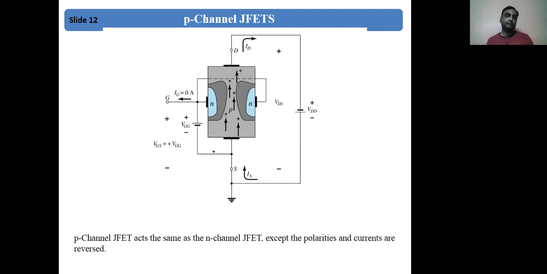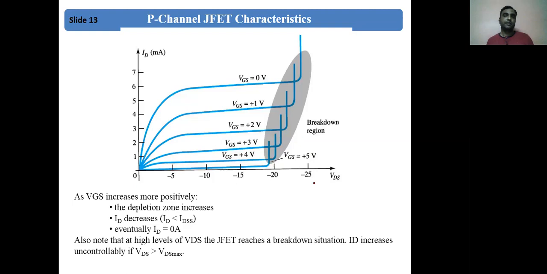Over here in the characteristic, you will see VDS will be negative, VGS will be positive, and the current ID will be positive only. So this is the characteristic for the p channel JFET.